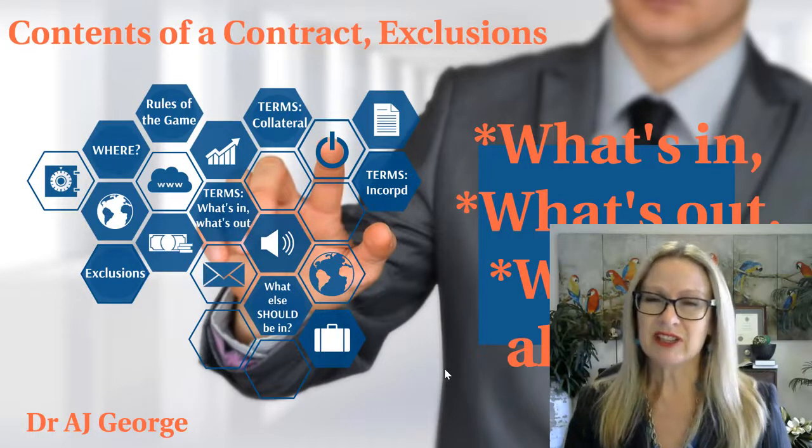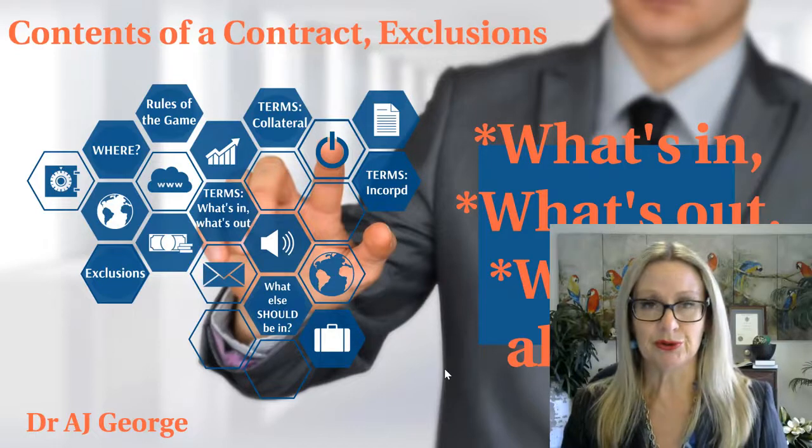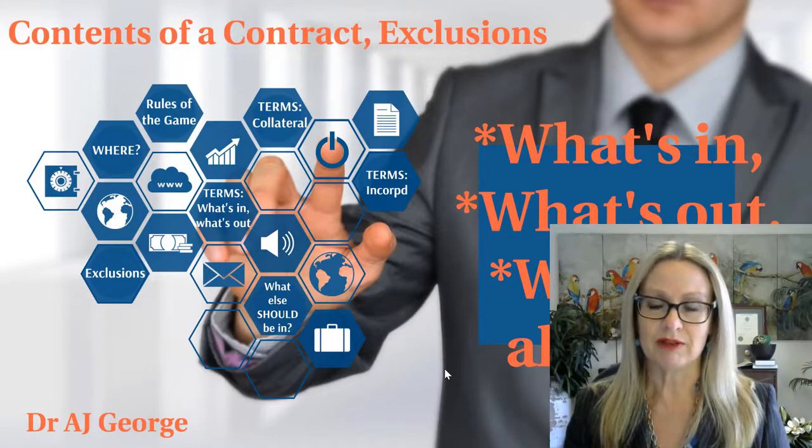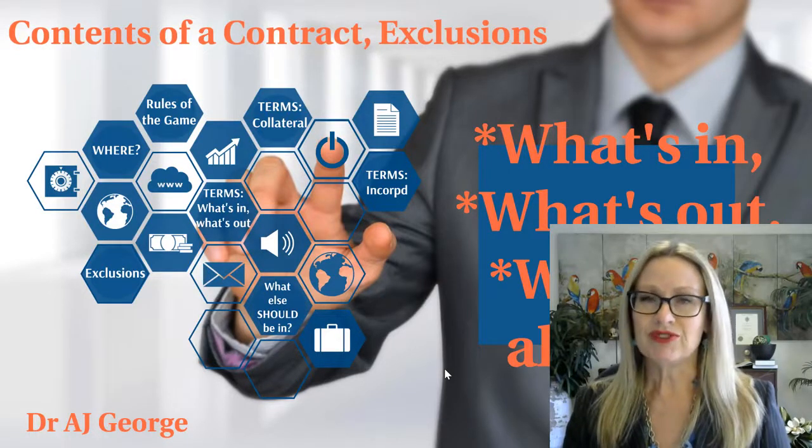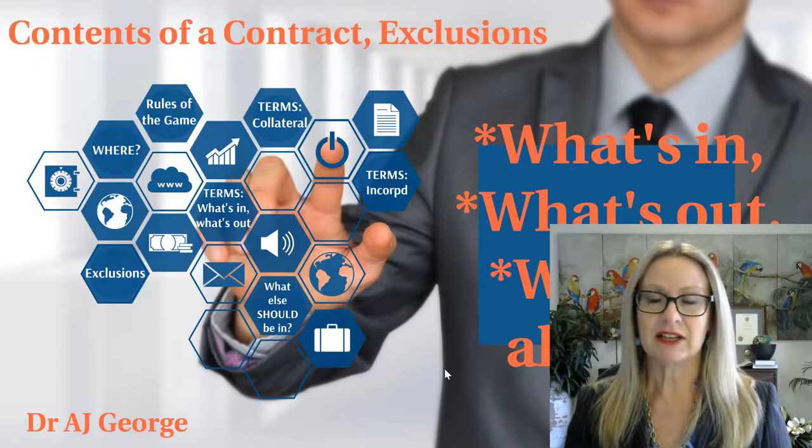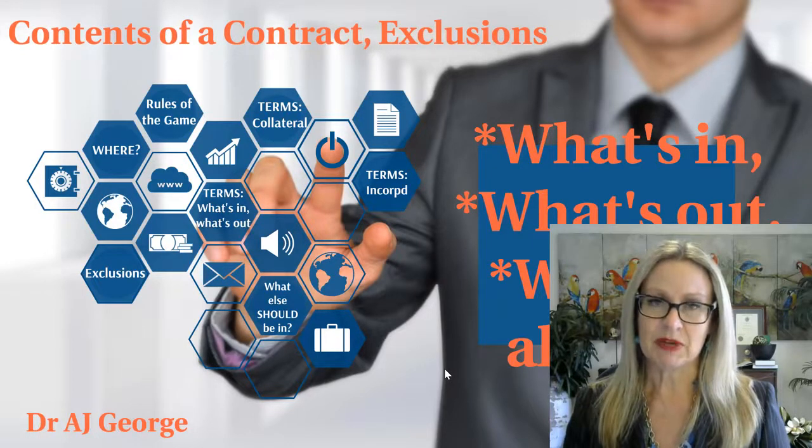And then we really kicked things off in video 2 looking at the parole evidence rule. That is the rule of the game, basically, that assists courts by determining what evidence can be brought in to establish whether or not something is going to be a contract term.